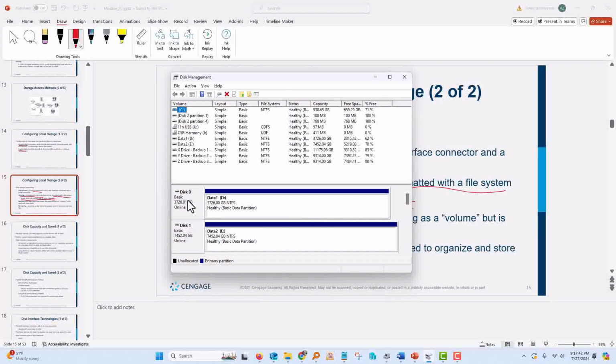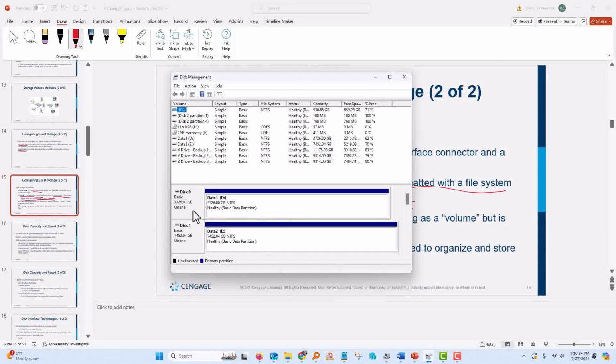However, if they're basic and they are not capable of spanning, like these, then they're not called volumes, they're simply called partitions. Now I know that Microsoft uses the word partition here, and as a matter of fact, this is a partition because that's a basic disk. But even if you turned it into a dynamic disk, it would probably still use the word partition, just because they haven't caught up, and the left hand doesn't know what the right hand's doing, and they probably haven't updated that word yet as they've changed the technology over time.